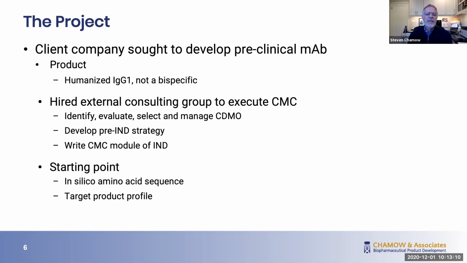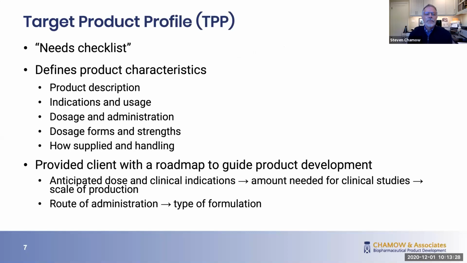This is basically, we talk about the product development decision that sponsor companies make, which is the transition from research to development. And the in silico amino acid sequence and the TPP are both happening as a result of the product development decision.